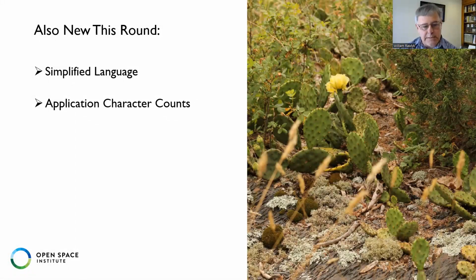The next point is that we've provided more generous character counts on questions in the application. But that said, it's not necessary to write more unless it's essential. We don't necessarily have to read more unless it really makes the point.